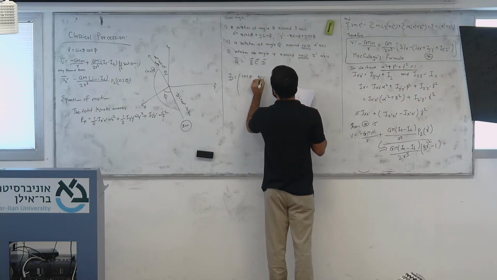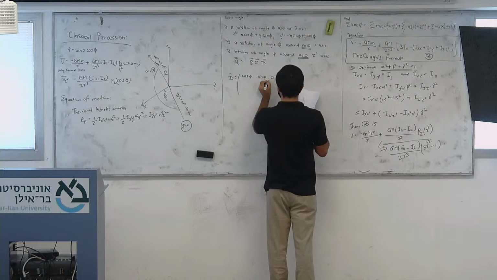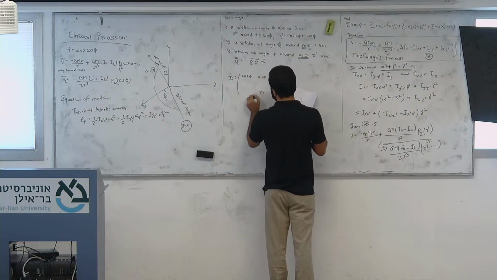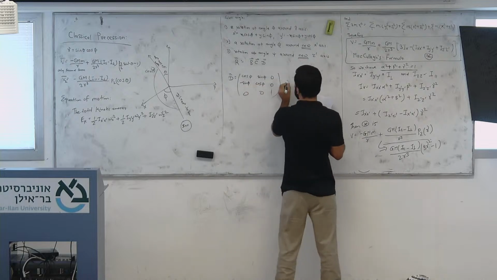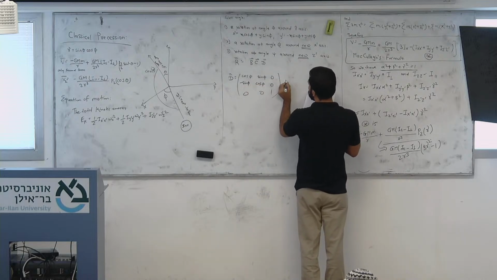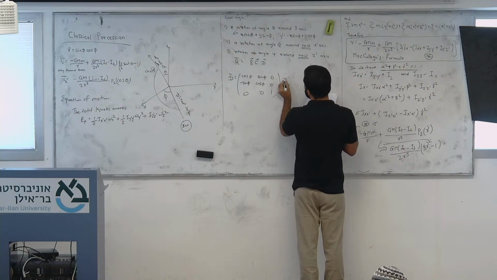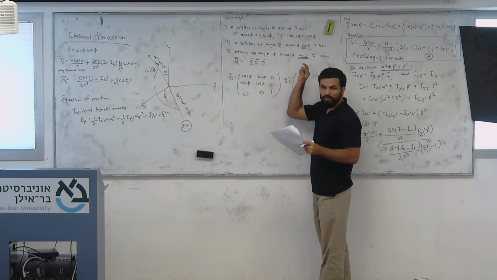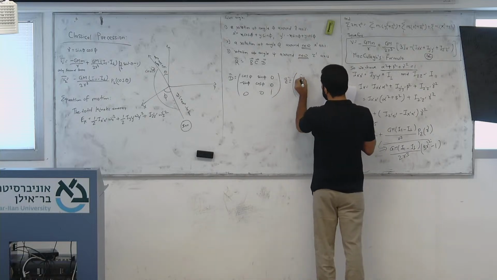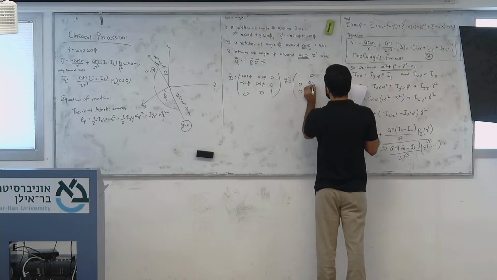cosine phi, sin phi, 0, minus sine phi, cosine phi, 0, 0, 0, 1, d c is equals to, this is just the notation with the 2 bar on top of it, 1, 0, 0, 0, cosine theta, sine theta, 0, minus sine theta, cosine of theta.